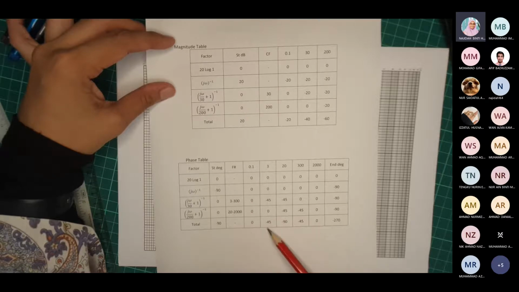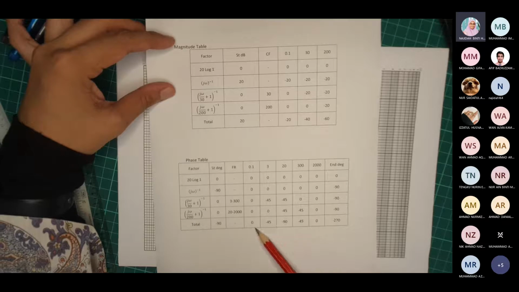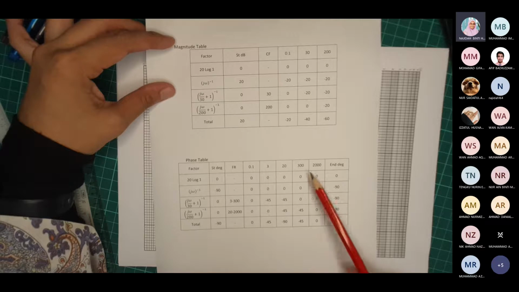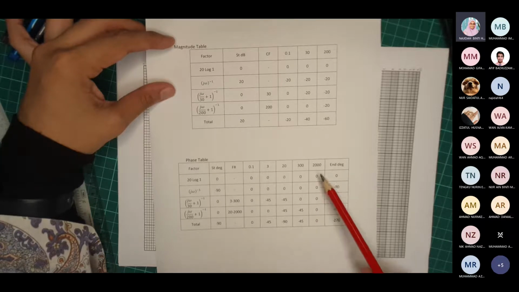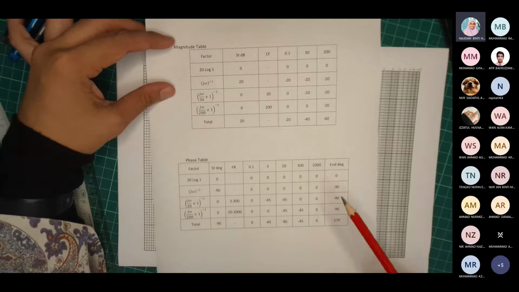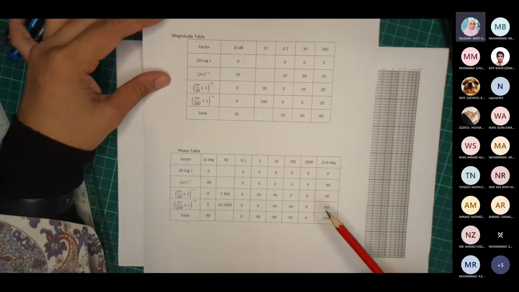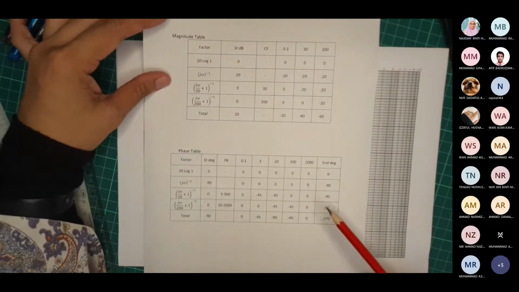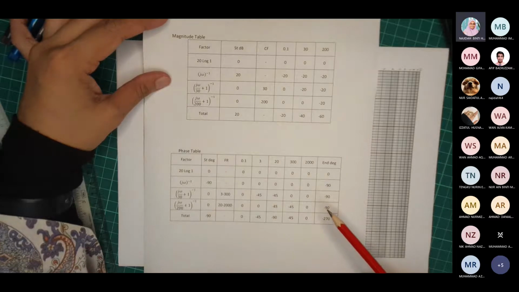So we have a few different slopes. From 0.1, 0 degree per decade; from 3 radian per second, negative 45 degree per decade; from 20 radian per second, negative 90 degree per decade; from 300 radian per second, negative 45 degree per decade; and from 2000 radian per second, 0 degree per decade. So any question on the magnitude and phase table that we discussed and completed on Monday's class? Do you have any question before we start?